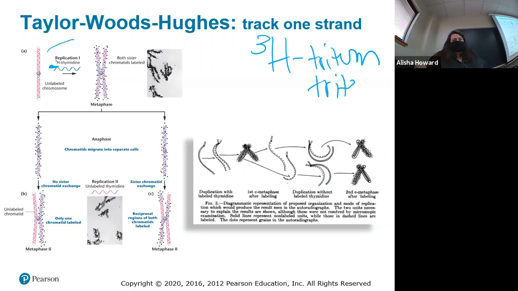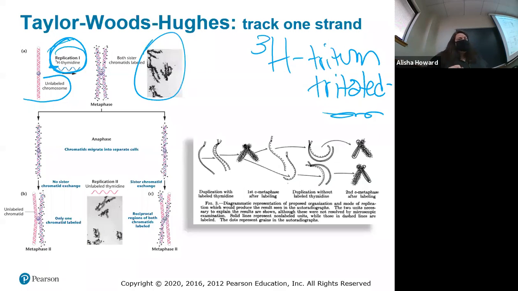So you'll say tritiated. Here it is unlabeled, but then you grow it in the presence of tritiated precursor molecules for the cell to incorporate into the newly synthesized strand. Other things are massively tritiated, but if you're popping the cell at metaphase, then you will see which of the chromatids are being labeled.